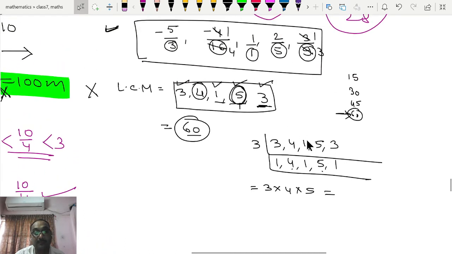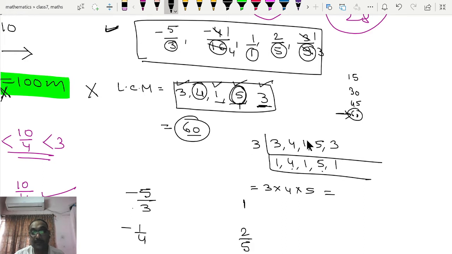See here, minus 5 by 3, minus 1 by 4, 1, 2 by 5 and 1 by 3. Making their denominators 60, we require the very first rational number to multiply with 20.